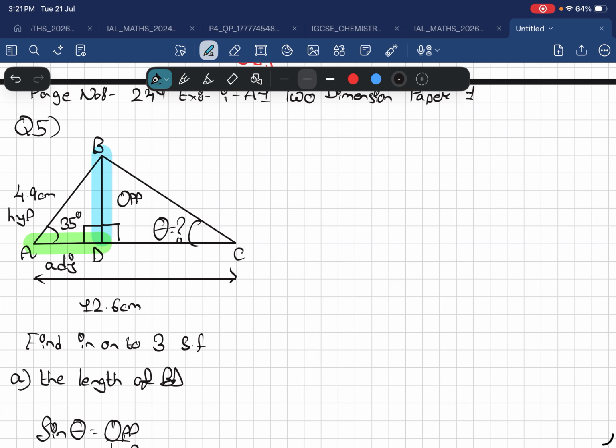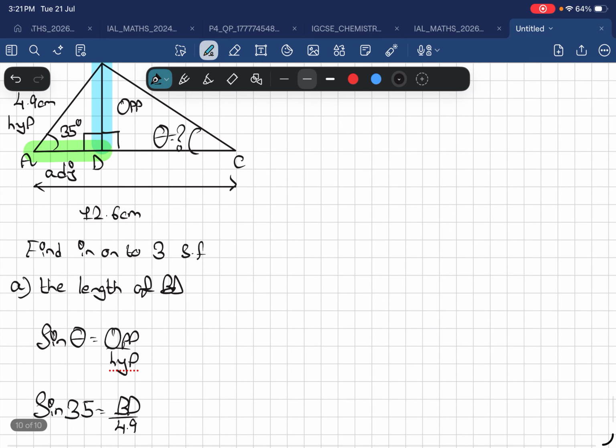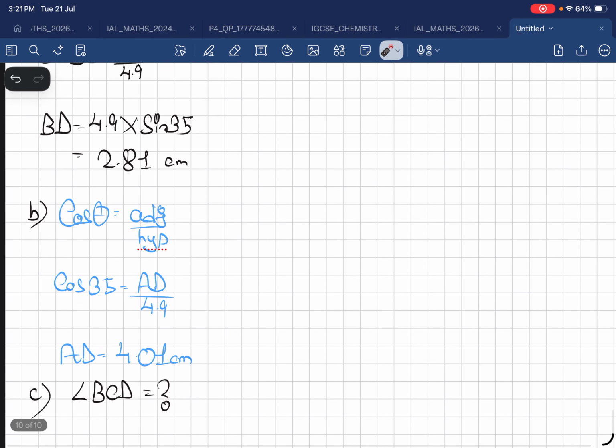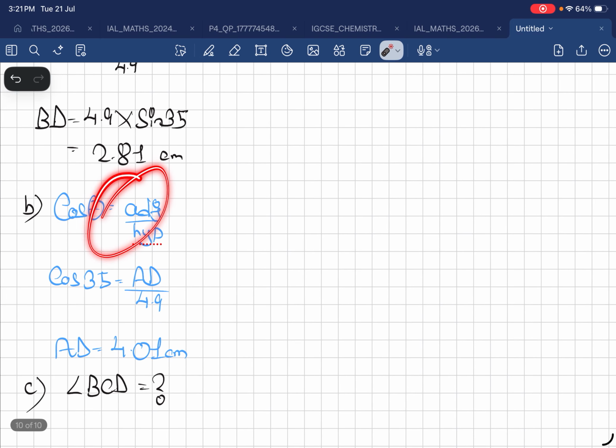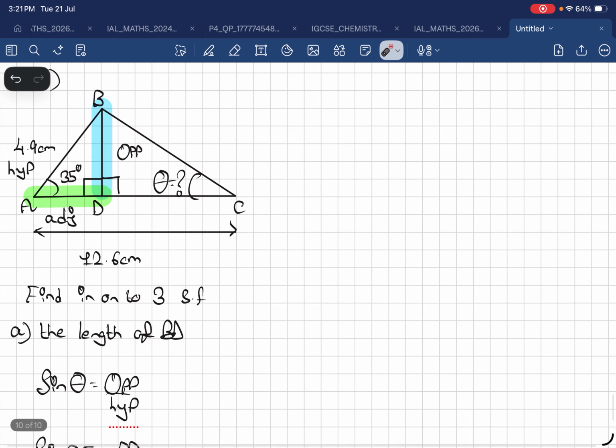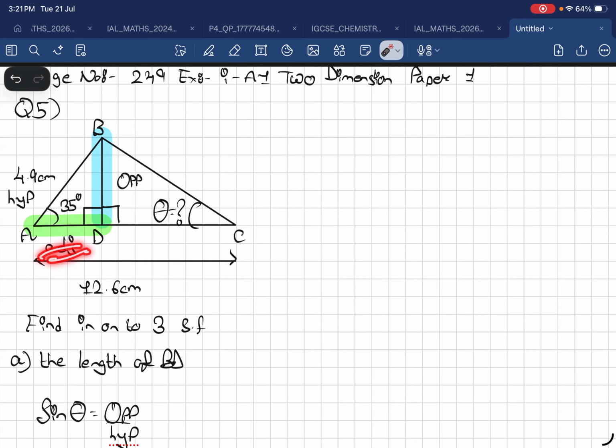Now, before starting part C, let me tell you something. I did this math with cos theta, right? In the question they told us to find AD. We already knew AB, we knew BD.